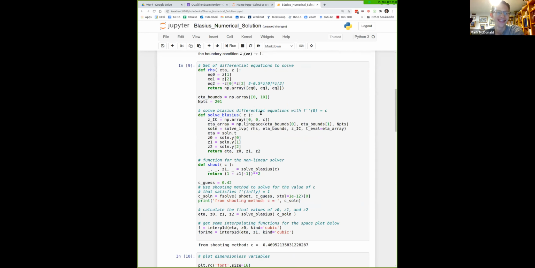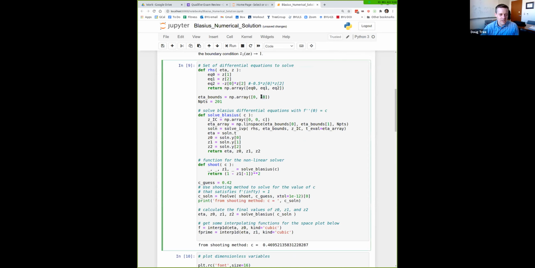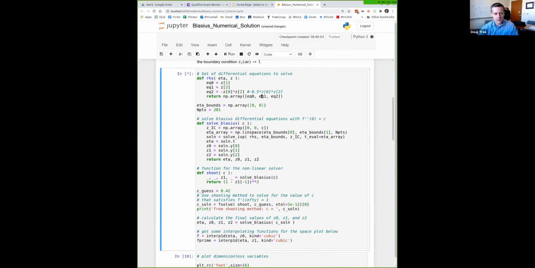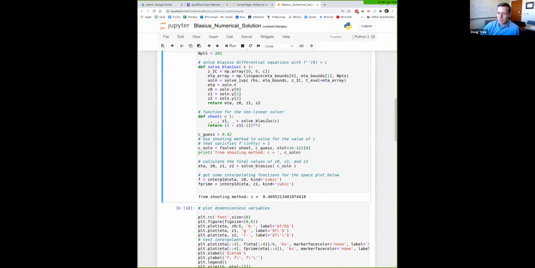So, all right. Okay, so this is the end of the boundary layer equation stuff. I think what I did with the boundary layer equations is an example of what would be a great project.